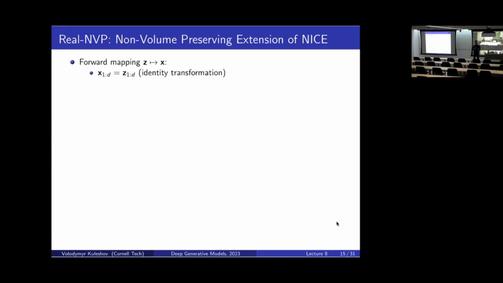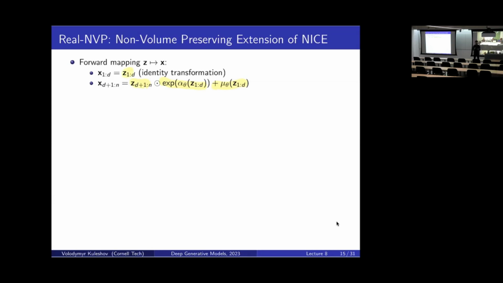We have the same identity mapping as in NICE, except that now the other part, the non-identity part of the forward mapping, has this additional x term. So this mu here, that's just our m from the NICE model, but now we're also rescaling this model z by something that can be a function of this subset.